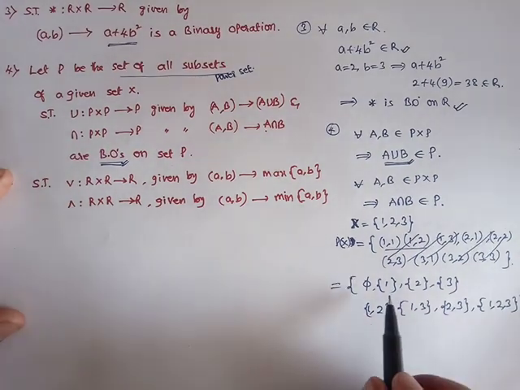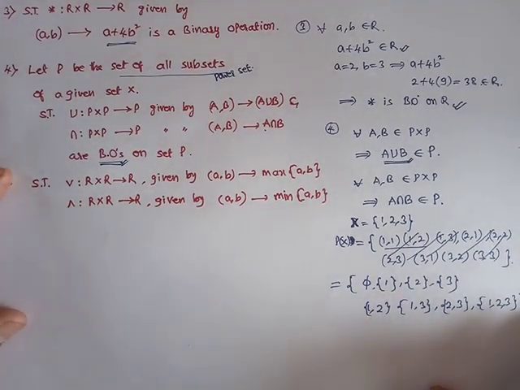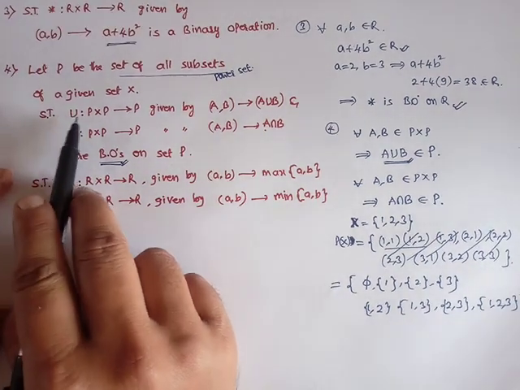So this is your power set of X, and it is asking for the union on P cross P.